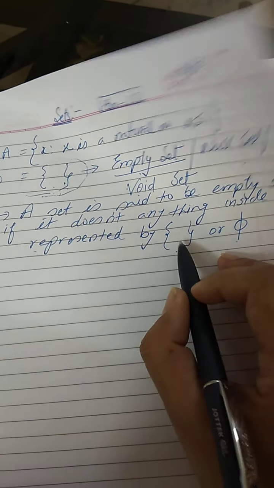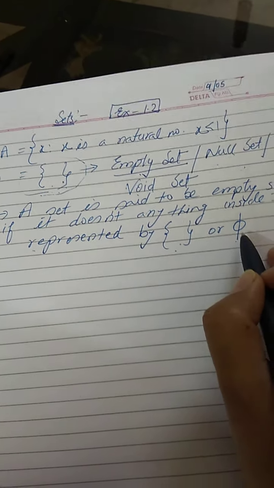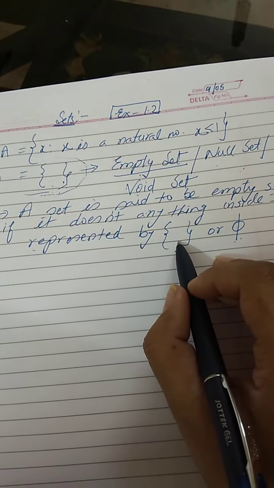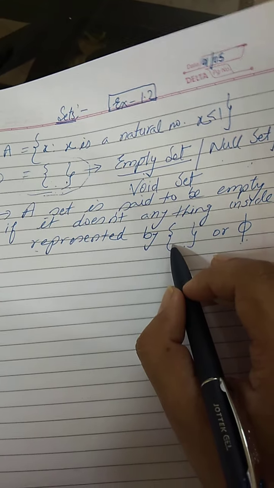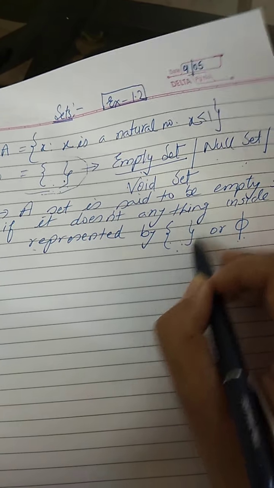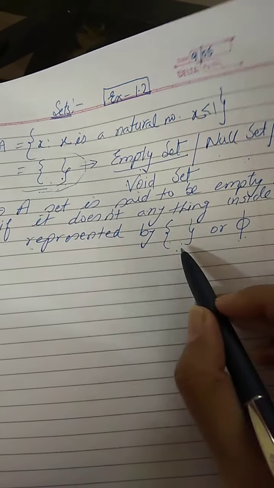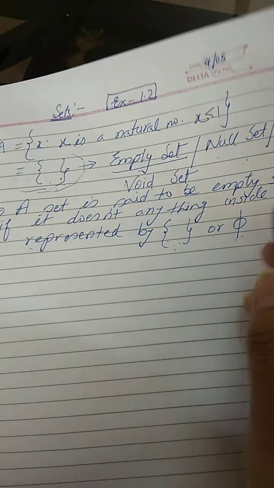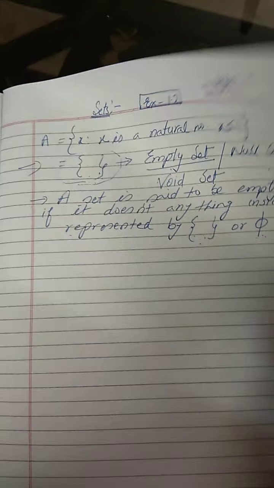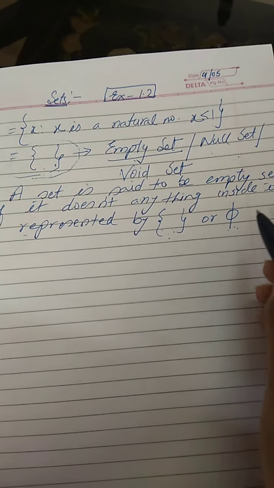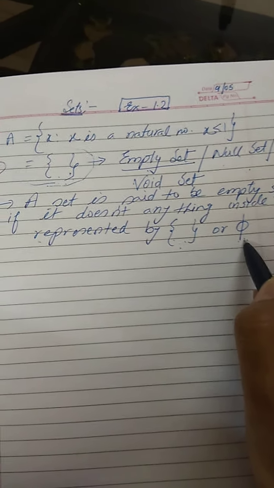Don't write phi inside the curly braces, because once I write phi inside the curly braces, it means phi is there inside, and then it will no longer be considered the empty set. So either we write empty curly braces, or phi. This is how we represent the empty set.